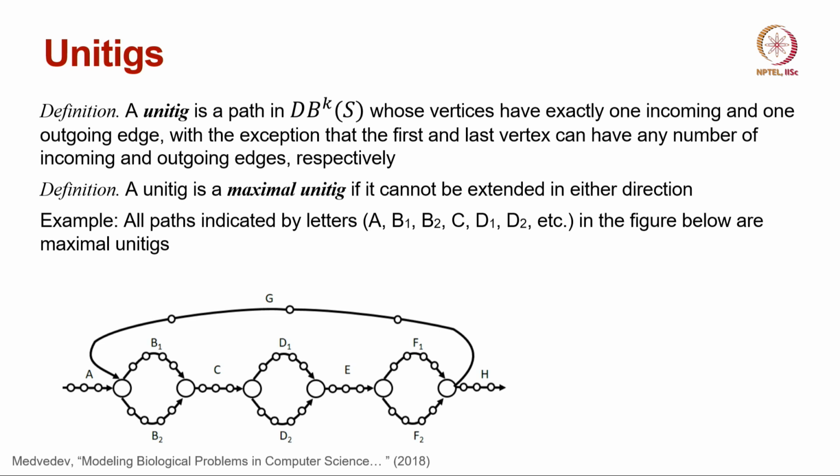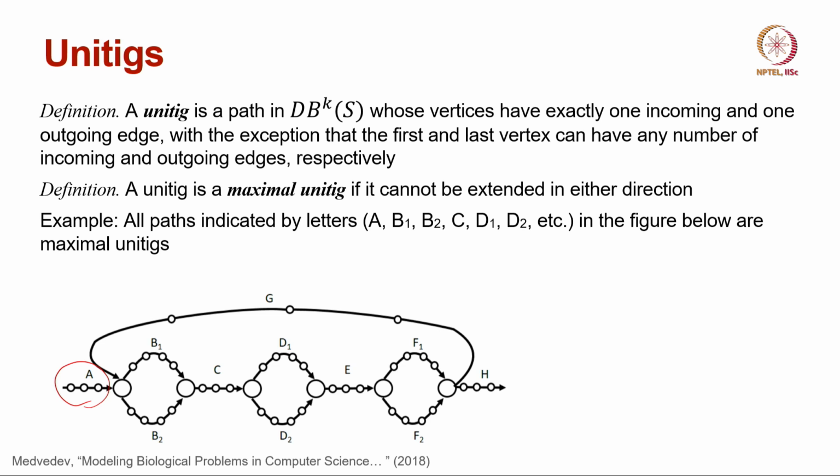For example, you can see that A is a unitig, because in this path all the vertices, not counting the first and last, have only a single incoming edge and a single outgoing edge. Similarly, you can observe that G is also a unitig. A single vertex is also a unitig, because by definition a single vertex or any path of two vertices is also a unitig.